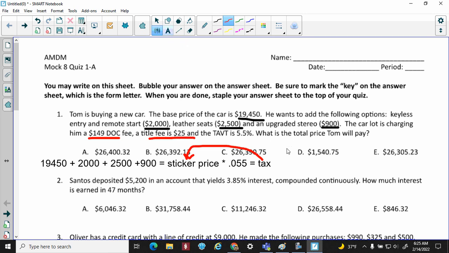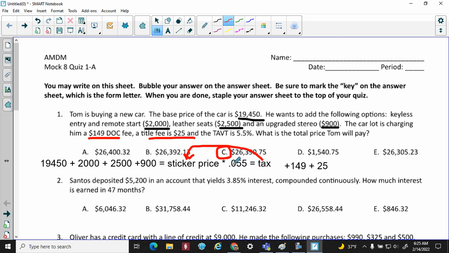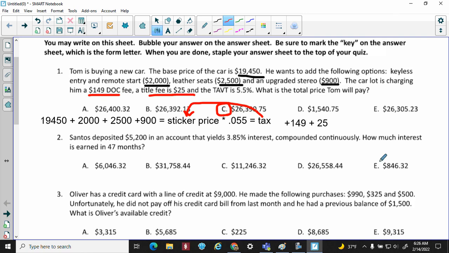So once you add back your tax, you would simply add another 149 plus 25 to your answer, and then the answer ends up being C. I always forget to give you the answer first so you can skip through the explanation. The answer is C. All right, question number 2, the answer is E.